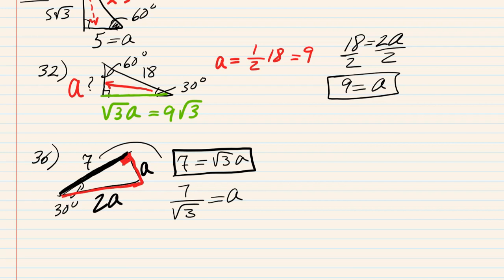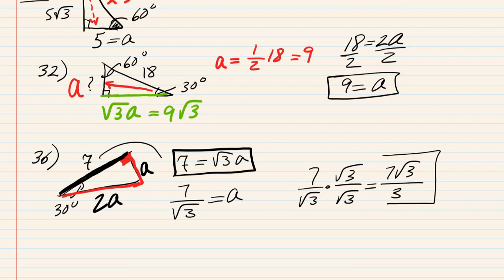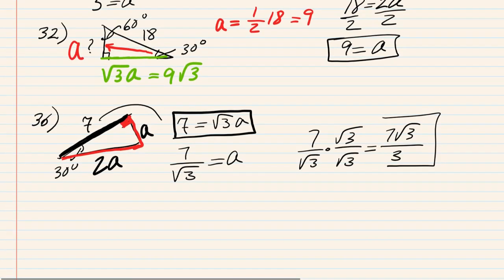Now, let's rationalize the denominator. 7 over root 3, multiply top and bottom by root 3, and it becomes 7 root 3 divided by 3. This is the form of the answer that you would expect in the book. Now, let's see. We found a hypotenuse, 2A.